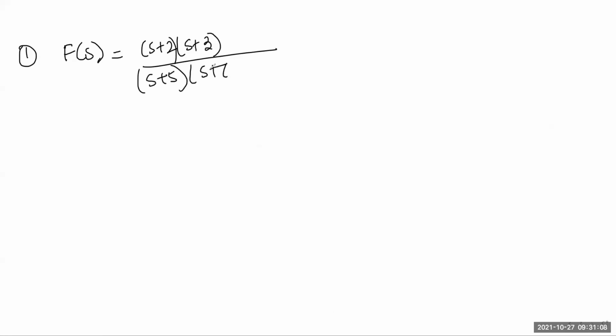Number one question: if F(s) is like this, S plus 2, S plus 3, and this will be S plus 5, S plus 6. This is my question. Find IVT and FVT in the given function.